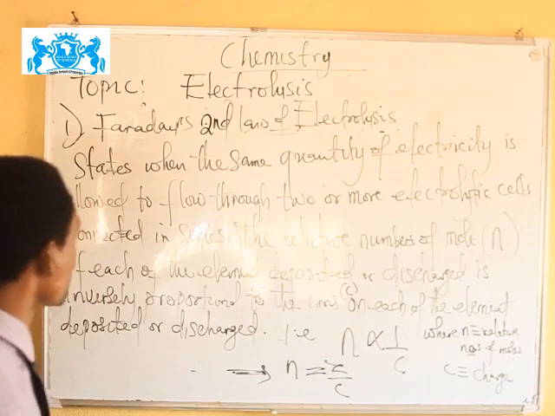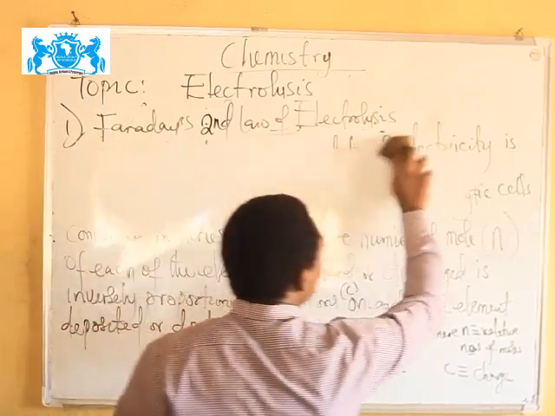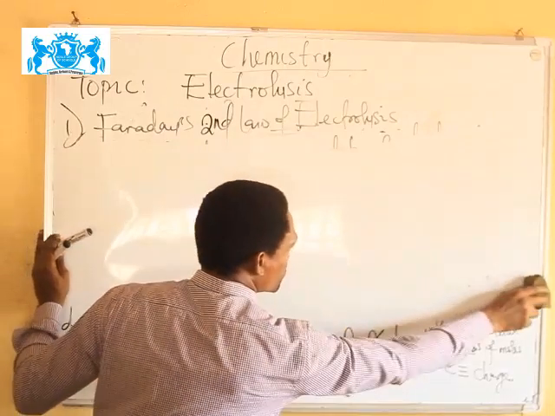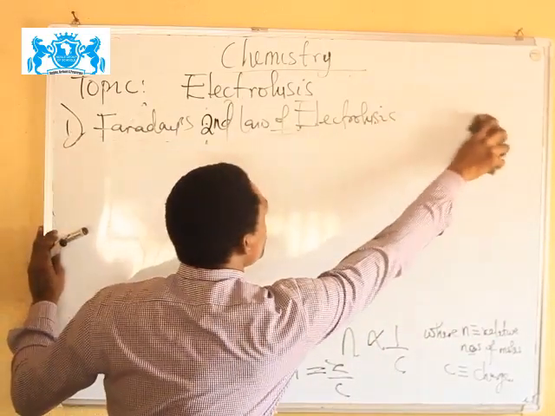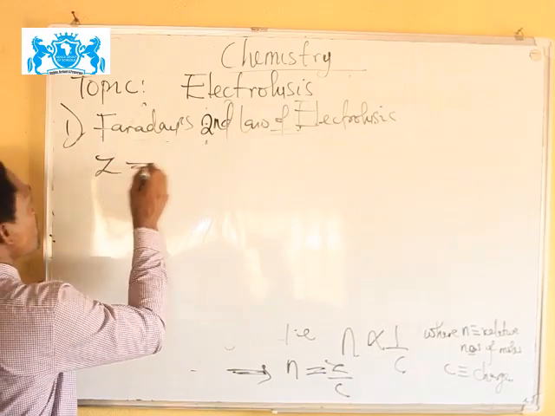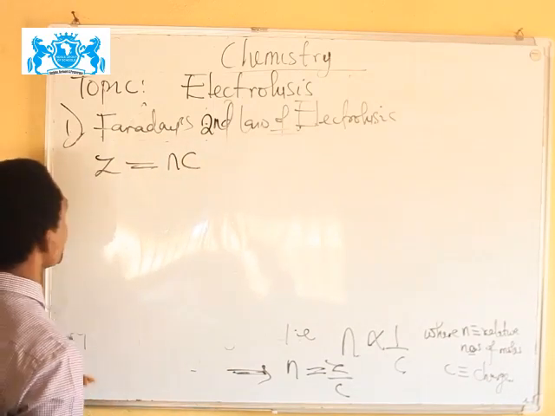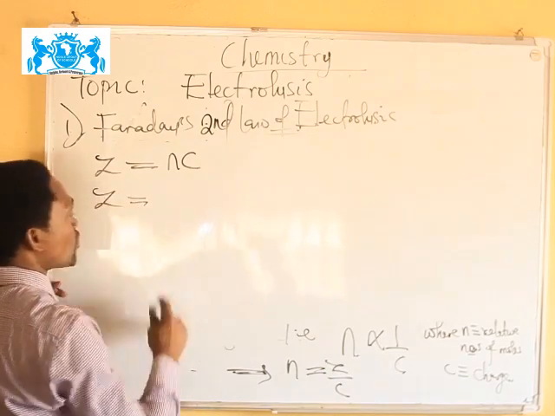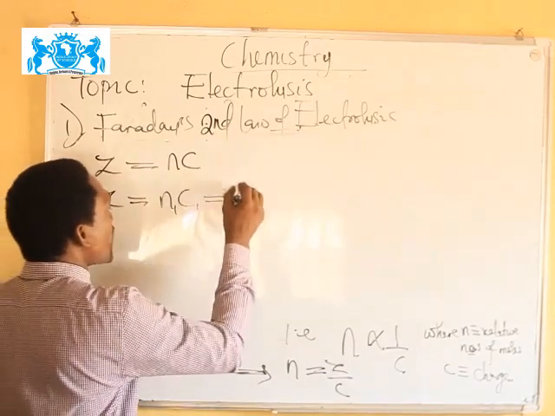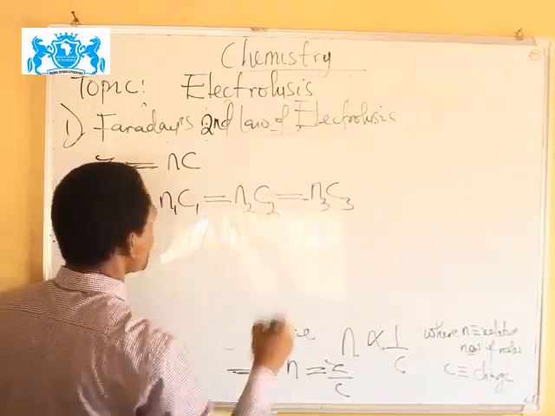Then, by making Z the subject of the formula, Z will be n times C, which is nC. So which means that our Z can be equal to, we are talking about more than one electrolyte, n1 C1 equal to n2 C2, which is equal to n3 C3.